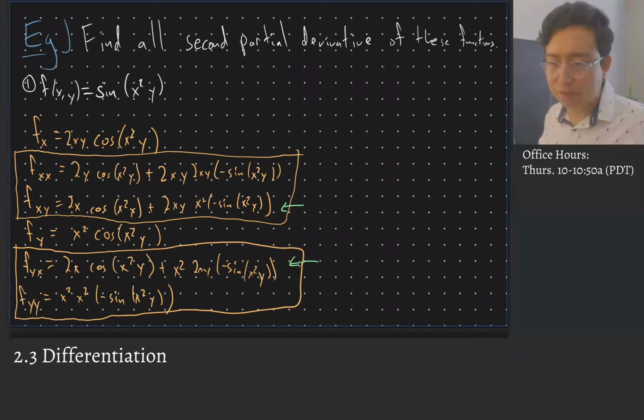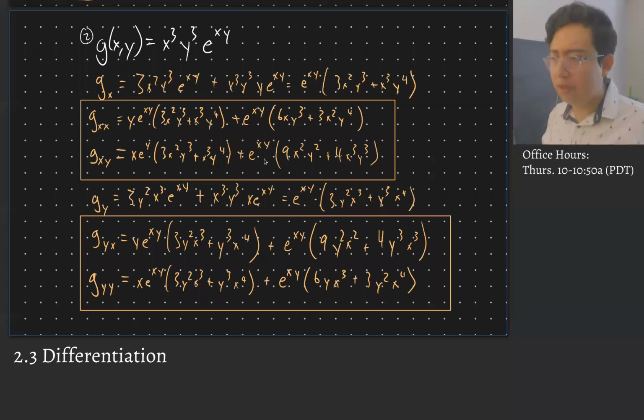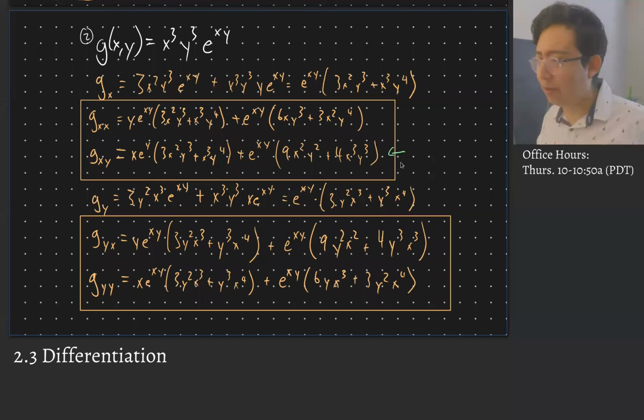What do you notice about those? Yeah, they're the same. So in this one, f_xy equals f_yx. So in this other one, it almost looks like, oh, well, that doesn't work here, right? It almost looks like you got different things here.